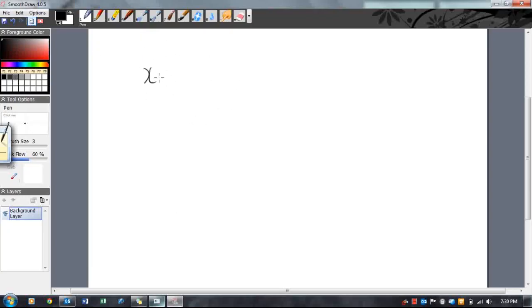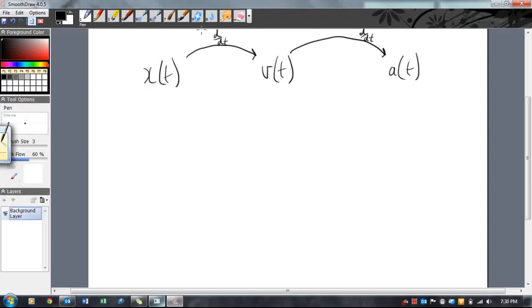So firstly, we've got our position. If you take the derivative of that, d/dt, you get the velocity function. If you take the derivative of that, d/dt, you get the acceleration function.